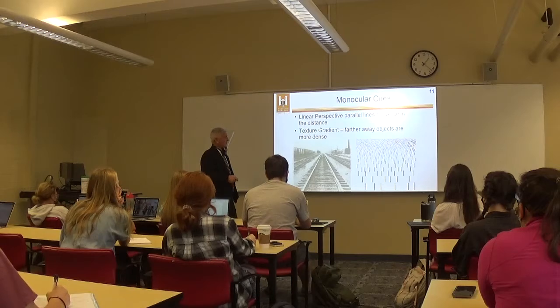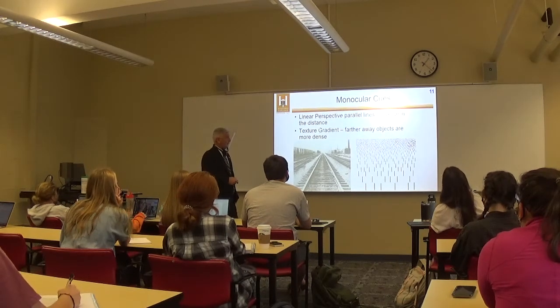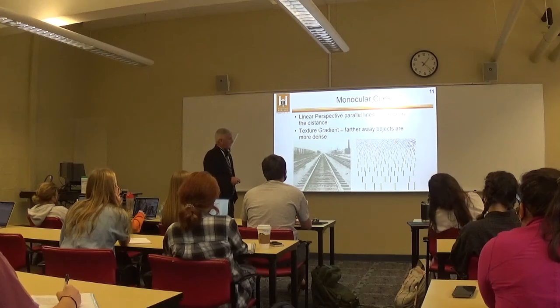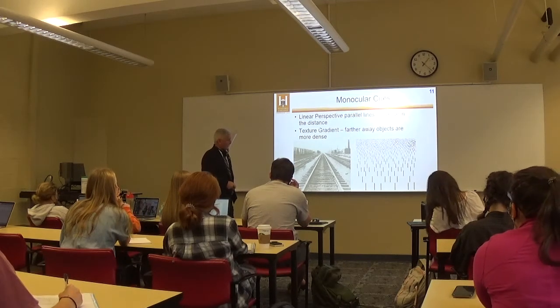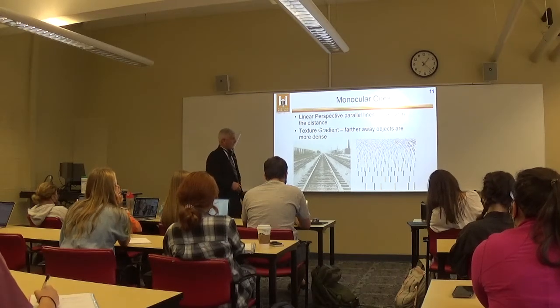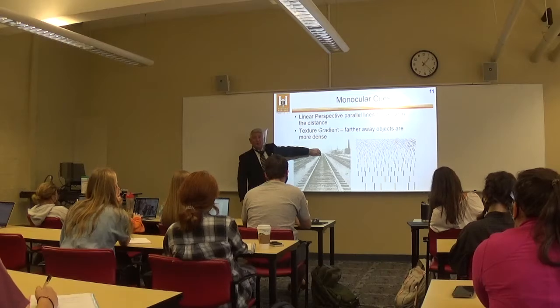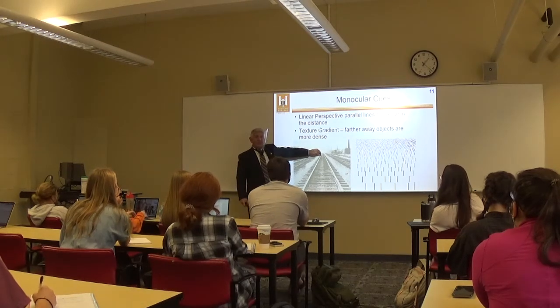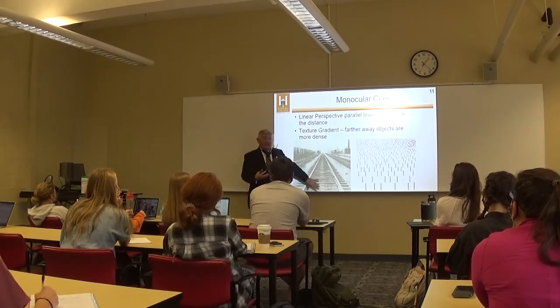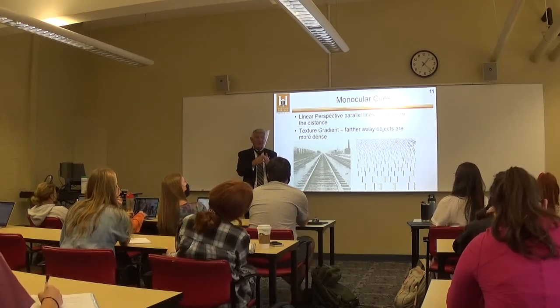Again, this is part of the Ponzo illusion that I'll ask you to look at in your book. But you know, these railroad ties are the same size here as they are here, even though on our retina they're much, much smaller. So again, we know the train tracks aren't coming to a point and getting smaller.